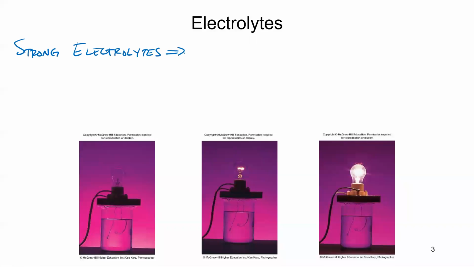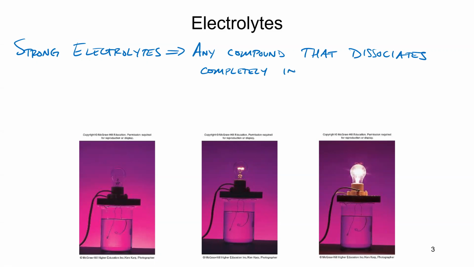Where have you heard the term electrolytes, maybe? Gatorade. Yeah, Gatorade's always what I think of too. So Gatorade always talks about electrolytes, life water with electrolytes and things like this. And so electrolytes, strong electrolytes especially, are any compound, any chemical species that dissociates completely in solution.